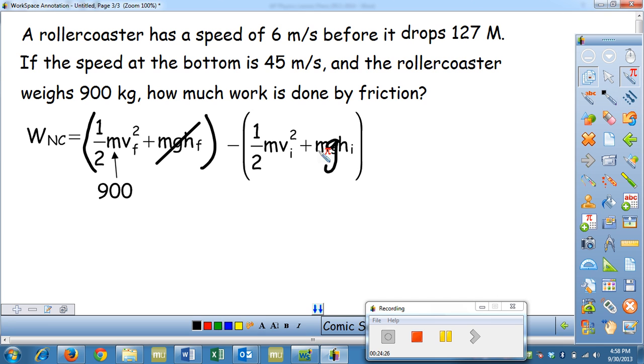Now we've got another 900 that goes here, and V initial is 6.